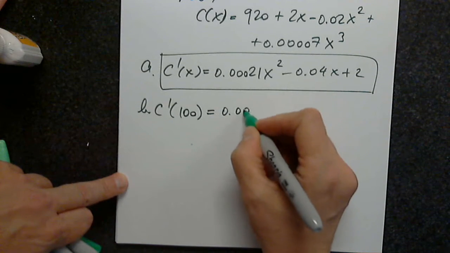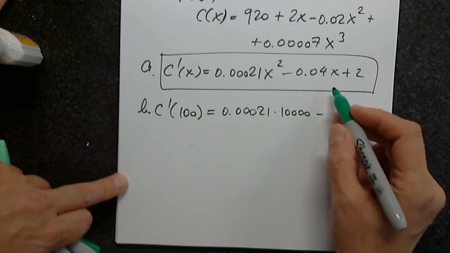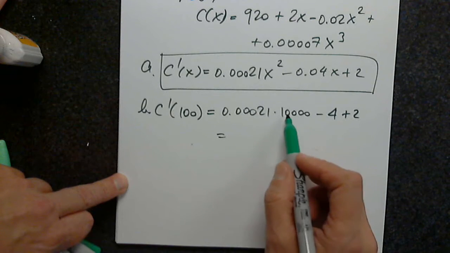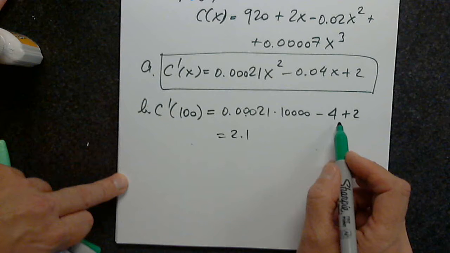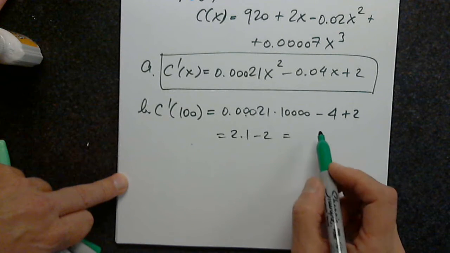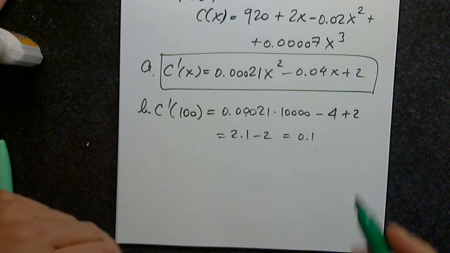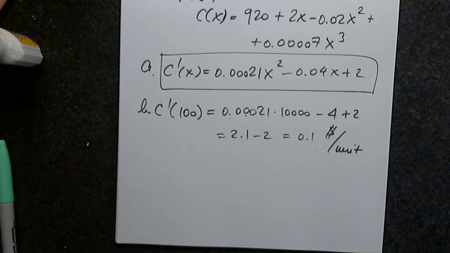So 0.00021 times 100 squared minus this times 100 is 4 and plus 2. So 4 zeros, 2, 4. 2.1 minus 2. 0.1. Measurement unit. Remember, it's the rate of change of cost per unit. This is an estimate. This is not the exact cost.